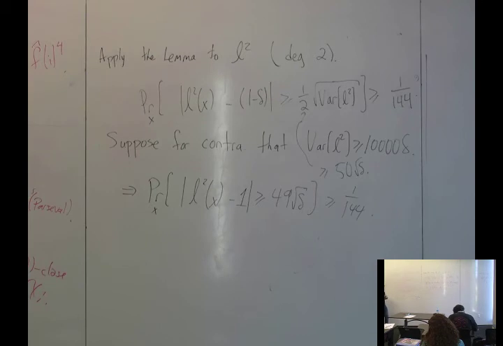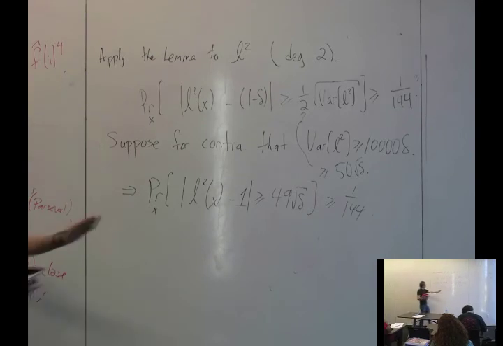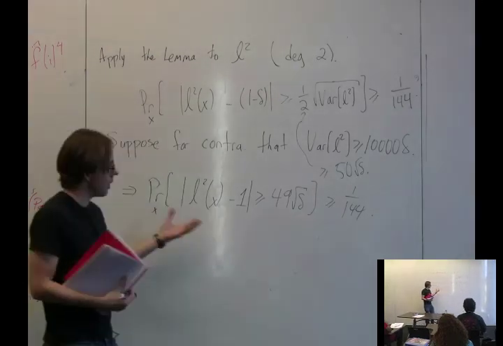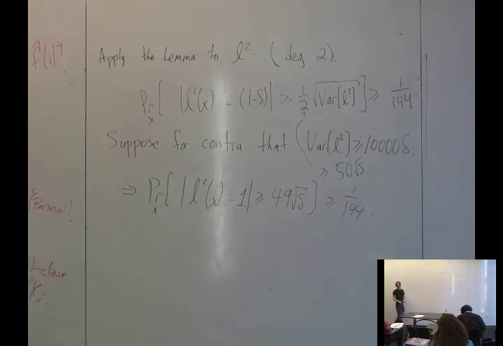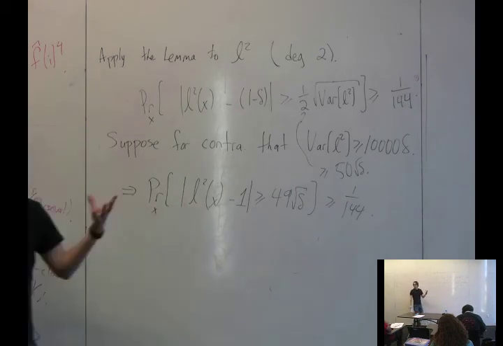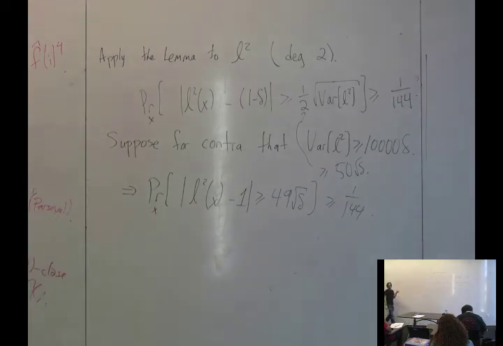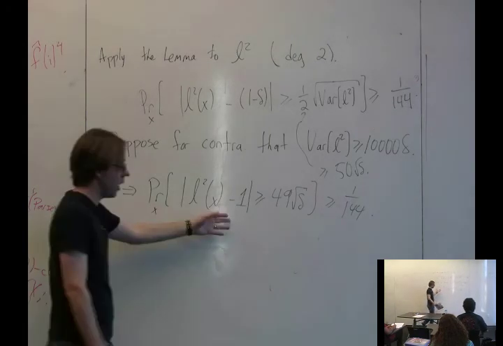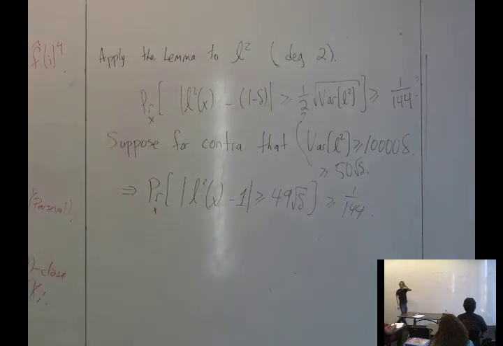So when you pick x at random, there's quite a decent chance that L squared is quite far from 1. In particular, L in absolute value is quite far from 1. So L of x, therefore, when this happens, has to be quite far from f of x, because f of x is plus or minus 1. So if L squared is far from 1, then L squared is far from f of x squared.